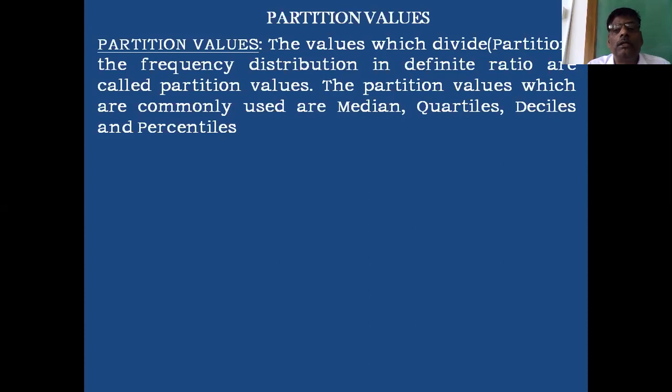Percentile means total frequencies are divided into 100 parts and we calculate 99 values, P1, P2, P3, P4, P5 up to P99. Remember this? We will see the remaining next class.